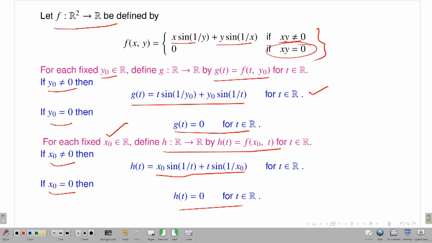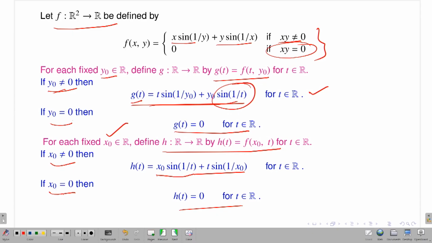Now let's see about the continuity of f, g, and h. By looking at the functions, if y naught is 0 and x naught is 0, then both g and h are continuous because they are zero functions. Let us see if y naught is non-zero or x naught is non-zero. If y naught is non-zero, by looking at this function I can immediately say that this is not a continuous function. Why? Because the function g involves a term like sin 1 by t.